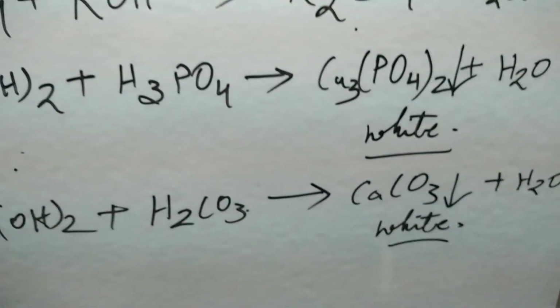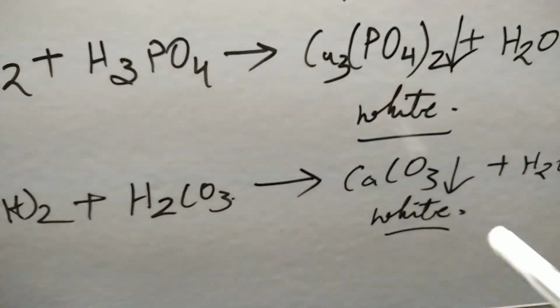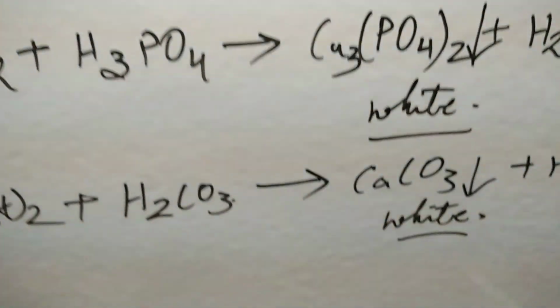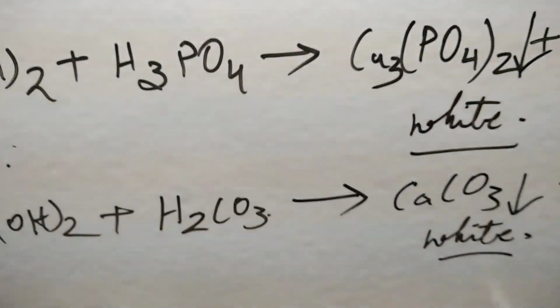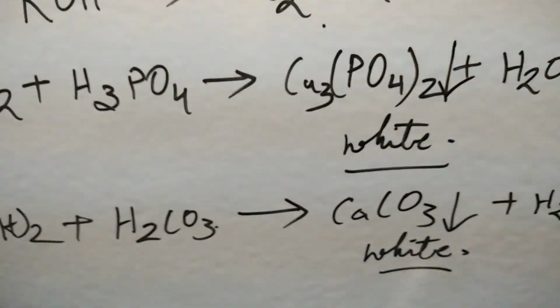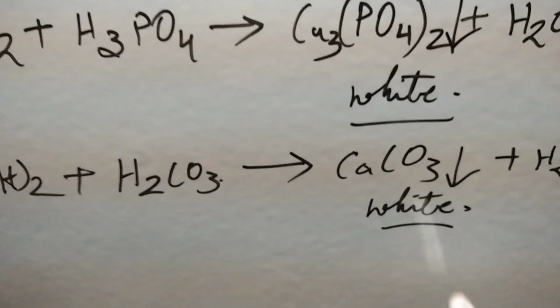See students, this CaCO3, calcium carbonate, is a basic salt. Yes students, I told you that there are many types of neutralization reaction where different types of salt form, and this is one of them.